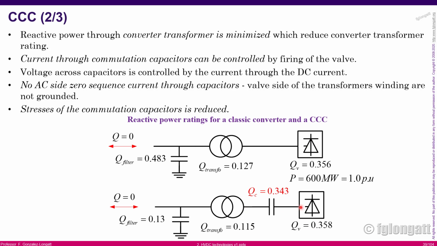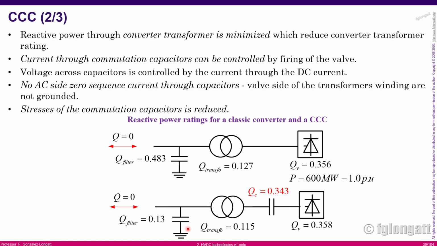What happens if we install a series capacitor with a relatively high value, let's say 0.34, and this converter is consuming 0.358? Because we have a reduction of the reactive power coming here, the reactive power consumed by the transformer is reduced a bit. You can see over there around 0.012. And the size of the filter that you require on the other side is minimized.